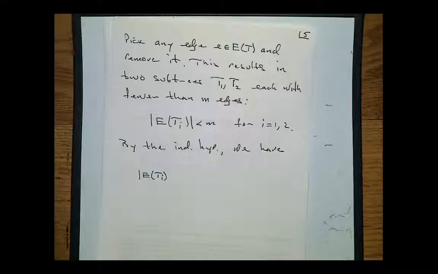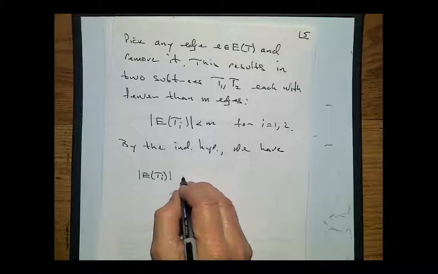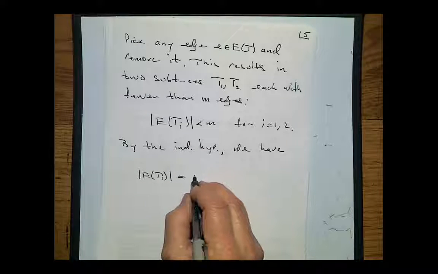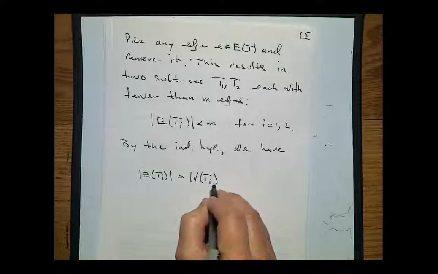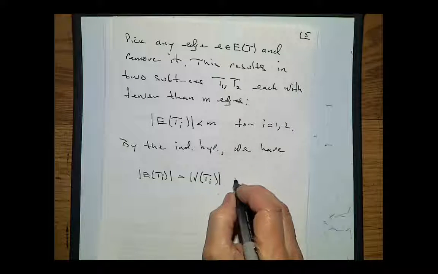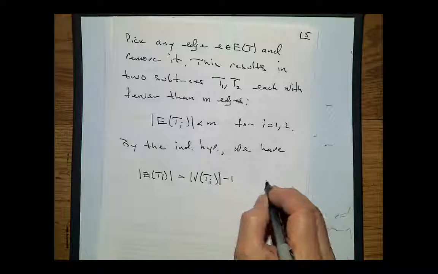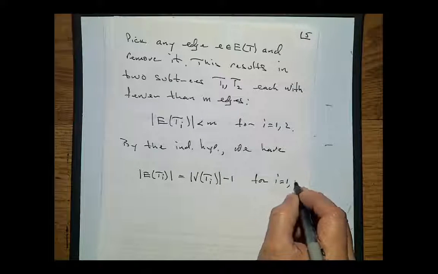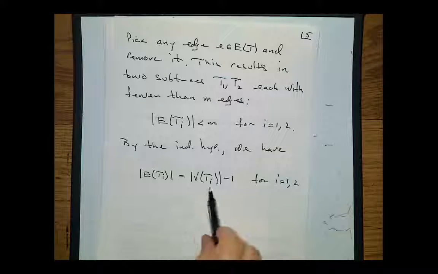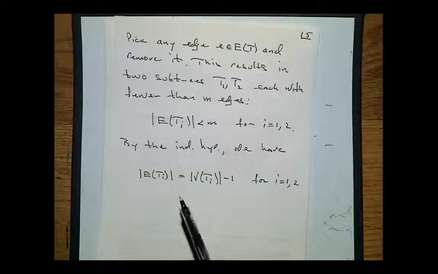Number of edges in Ti equals number of vertices in Ti minus 1 for i equals 1, 2. Right? I've really said two equations here. Okay, so I've applied the induction hypothesis. Now what do we do?